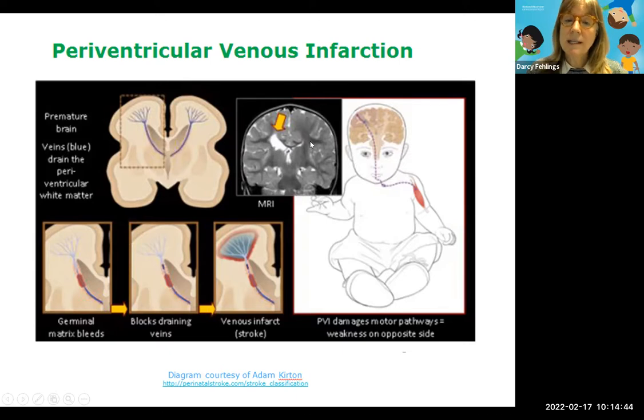So you can see asymmetry, but it's in a different location than the MCA injury, which sits out in this side. Neuroradiologists are becoming increasingly familiar with diagnosing periventricular venous infarcts, but it's something that has been an evolving skill over the last several years.